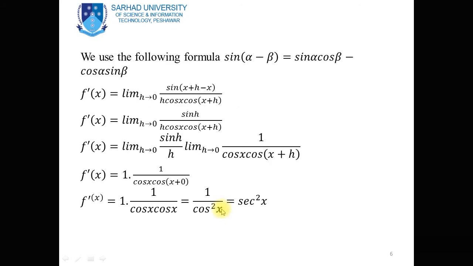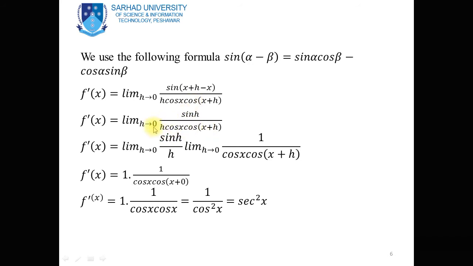Now the derivative of the function is equal to limit h tends to 0, sine of x plus h minus x, using this formula. Now x and minus x cancel, and we write limit h tends to 0, sine h divided by h into 1 over cos x into cos x plus h.